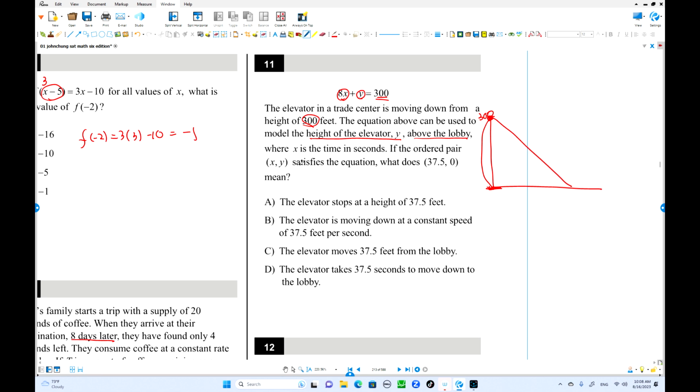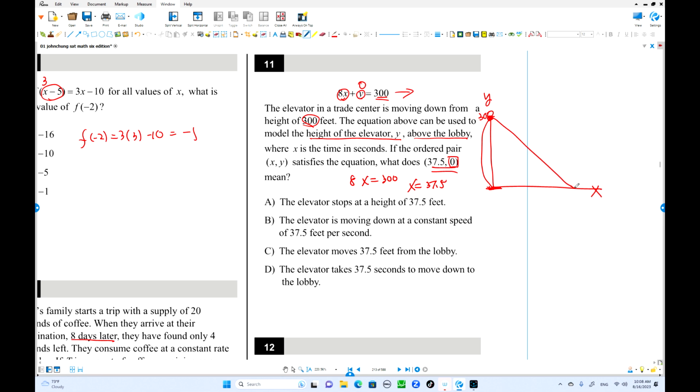So if you order the pair, this is linear, you understand, okay? So this is y, this is x. x is the time, okay? So where is 337.5? Height is 0, y equals 0. If y equals 0, the value of x is what? 37.5, okay? 8x equals 300, x equals 37.5.